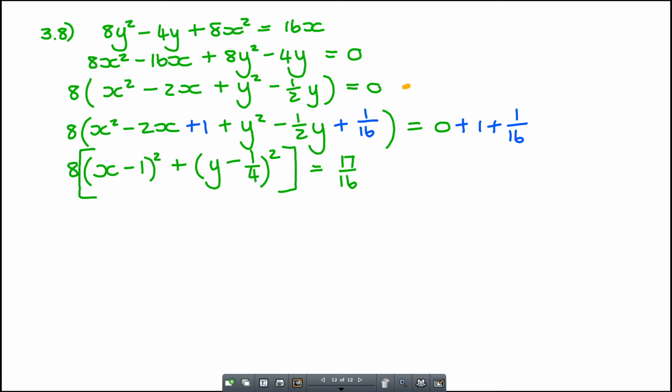Oh, dit kon jy ook gedoen het, ja. So jy dan eintlik gekom by hierdie, maar sonder die 8 voor. Perfect, ja. Kon dit ook gedoen het.